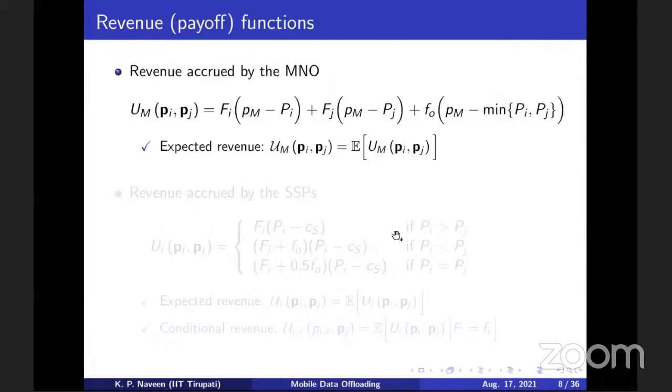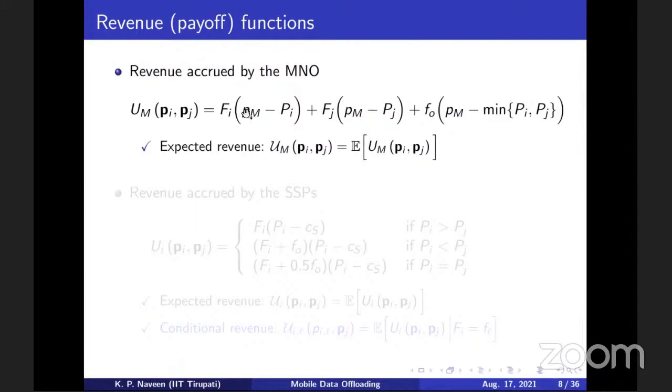Now let me proceed to the revenue model. Once the price vectors are announced by the SSPs, what is the revenue accrued by the MNO? Let's try to understand this equation. Fi is the amount of flow offloaded onto SSP i.